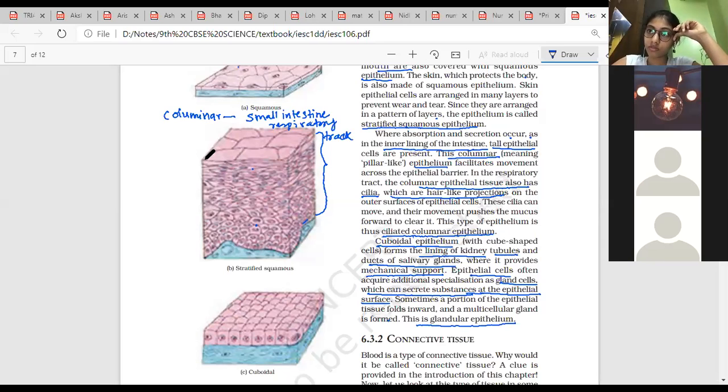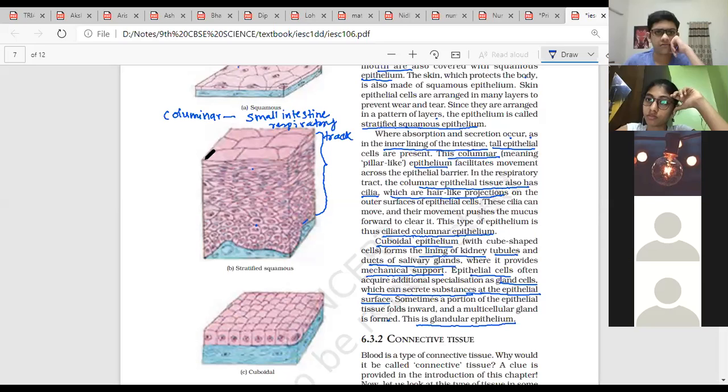Connective tissue generally consists of two things: one is called matrix and the second is cells. The matrix is the medium in which different cells are mixed. Take the example of blood, which is one of the connective tissues.